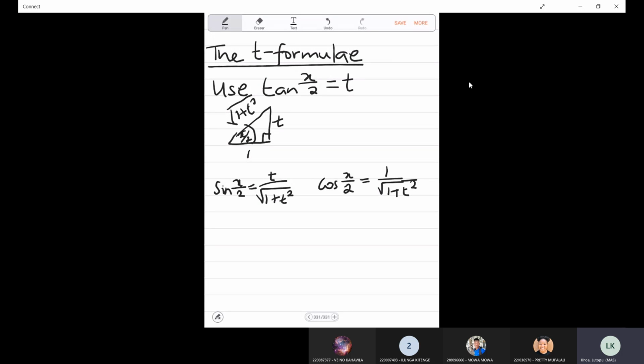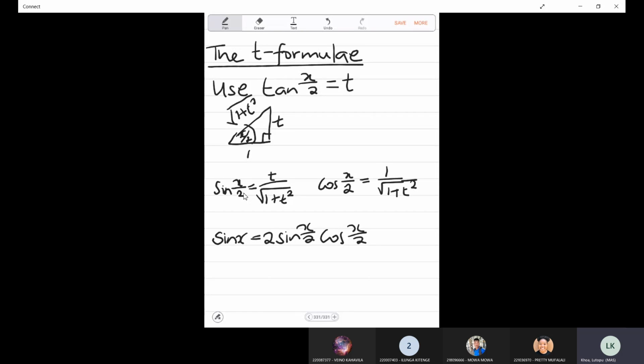We can work out what sine of x is equal to. So if we know sine x over 2, we know that sine x is equal to 2 times sine x over 2 multiplied by cos x over 2. This is the double angle identity that we know.